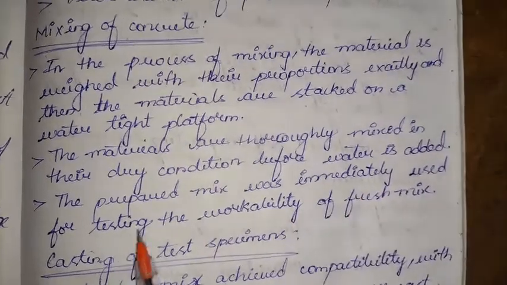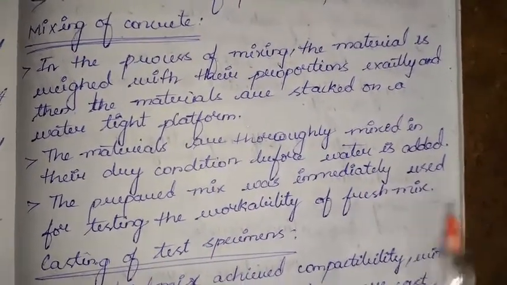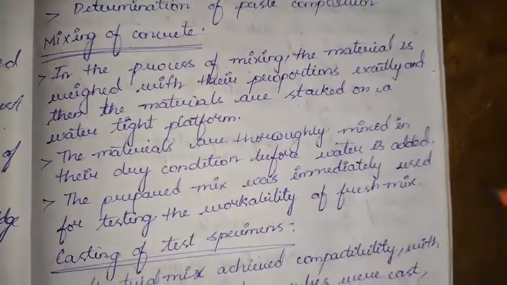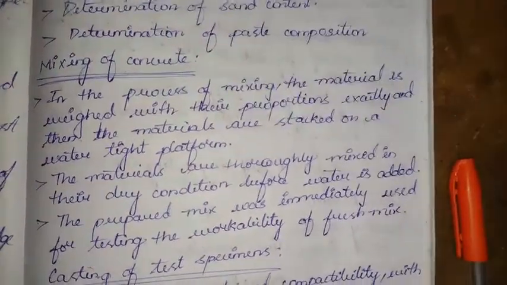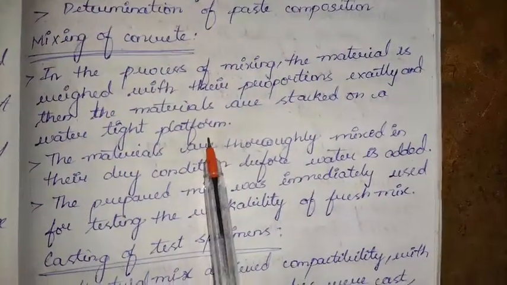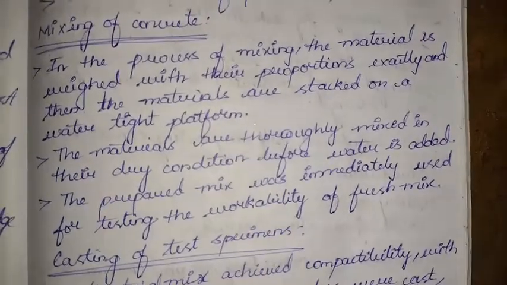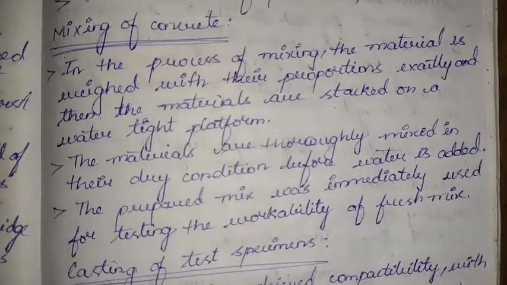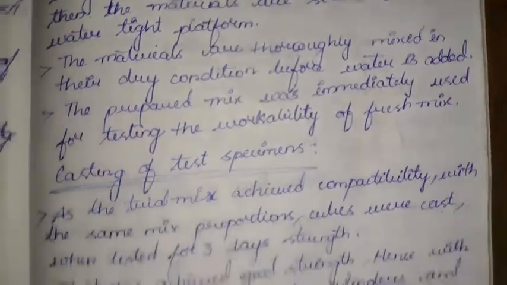The prepared mix was immediately used for testing the workability of fresh mix. So initially we are just mixing the dry materials, and after that we will be adding the water. And remember, we have to use a watertight platform. That is, the water from the concrete is not absorbed by the surface. It should be watertight. It should not be absorbing the water from the concrete, nor should it be wet in nature. It should be dry.